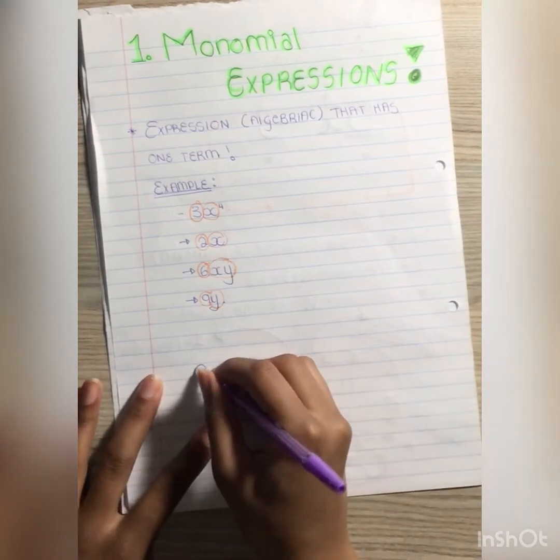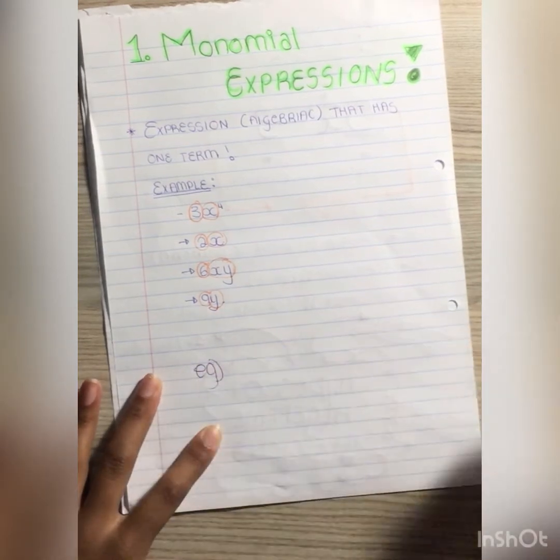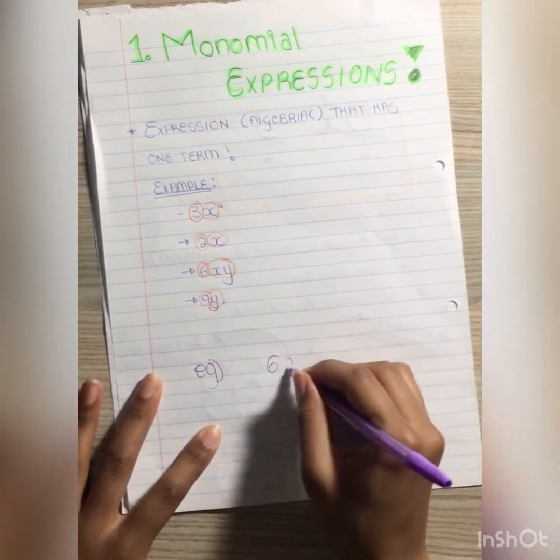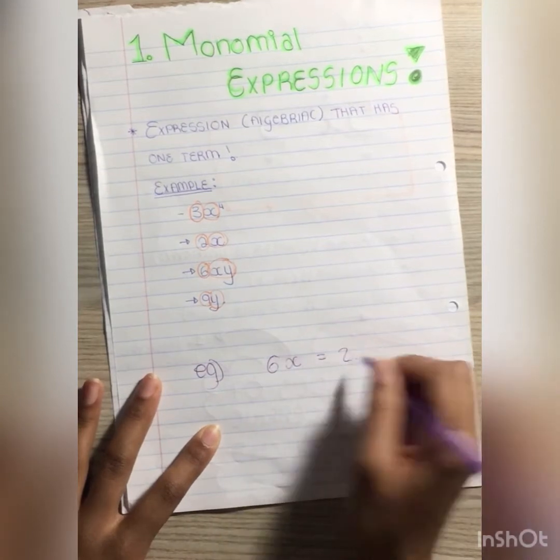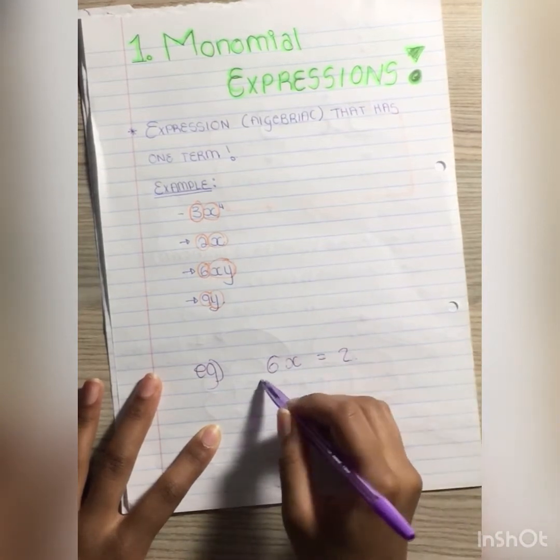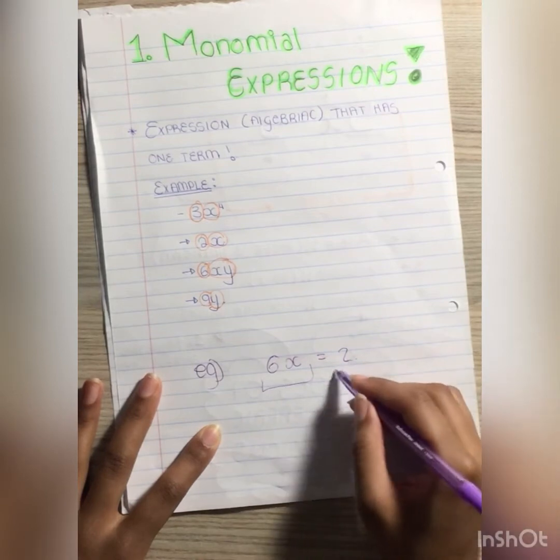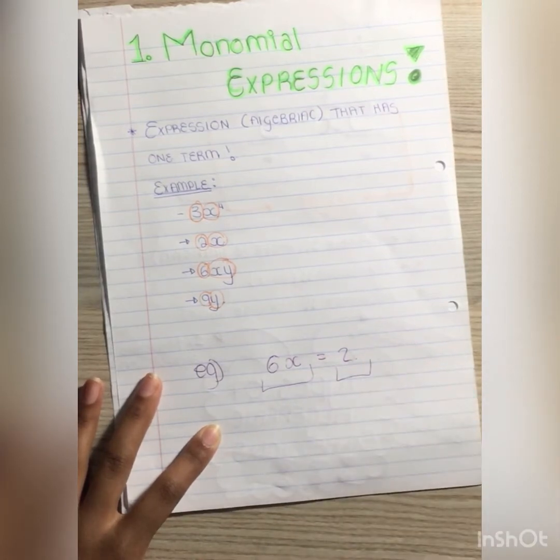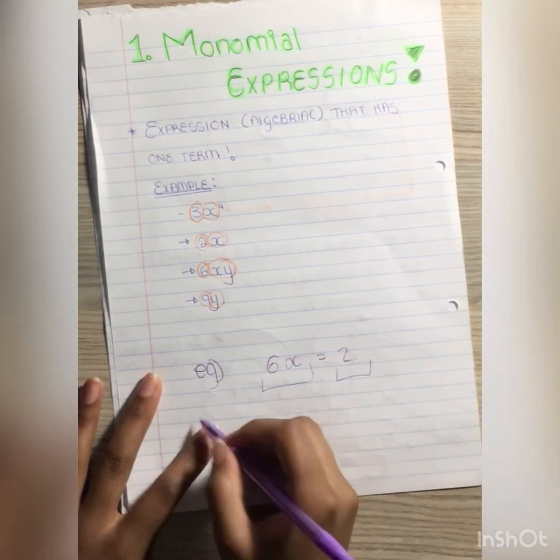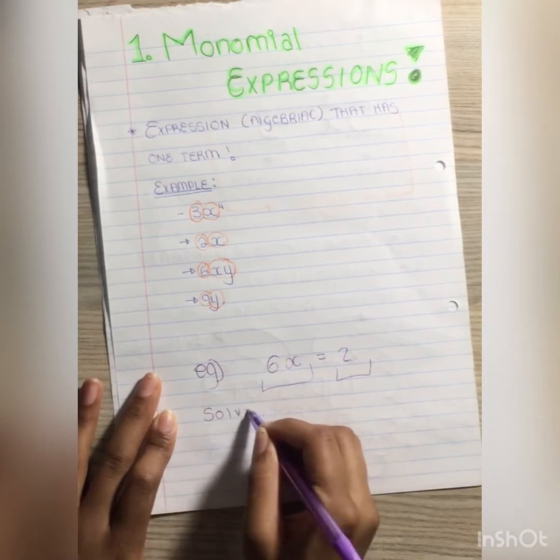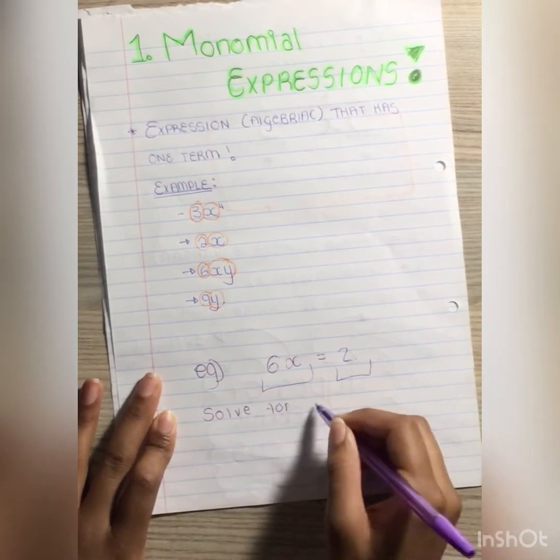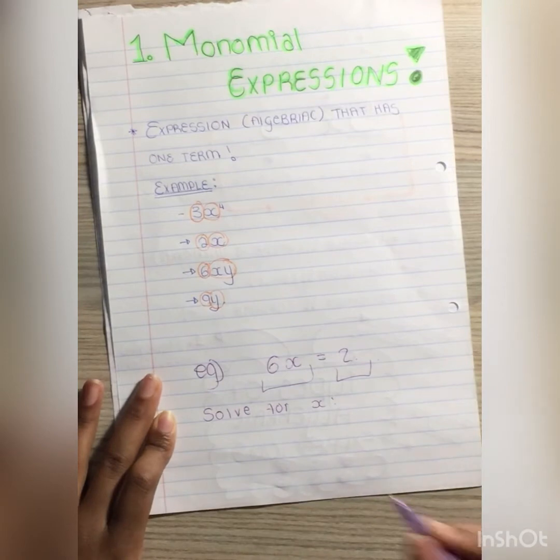Well, for example, if you were given 6x equals 2, right? This is your expression and this is your solution. They say solve for x, right? How would you continue?